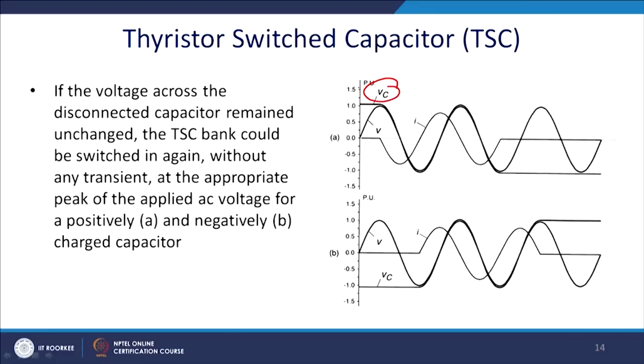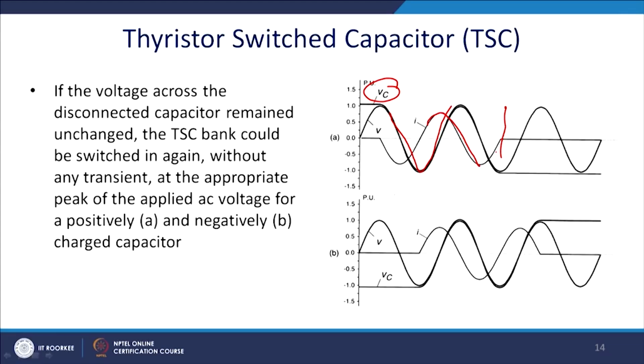Now, let us consider the case where it was off, and this is the voltage Vc, and it was holding that peak value of the voltage, and then it is switched on. Thus, the voltage Vc will be swinging like this with the supply voltage, and the current will have a swing that is phase shifted by 90 degrees. All of a sudden here you put this thyristor off, you have not triggered.